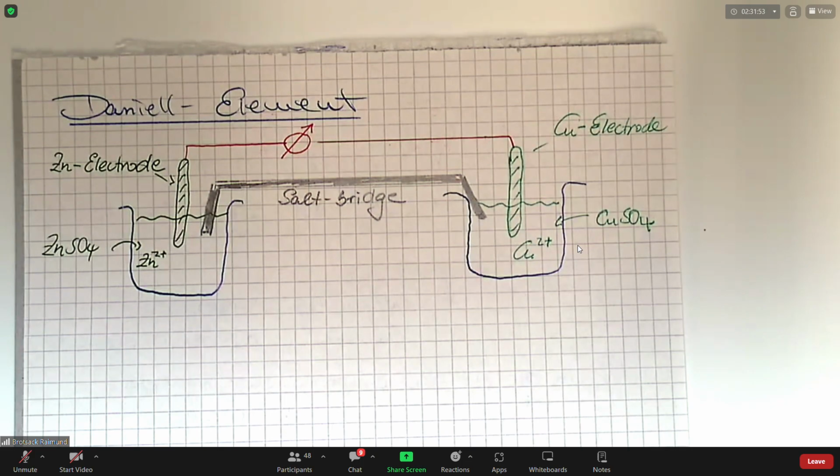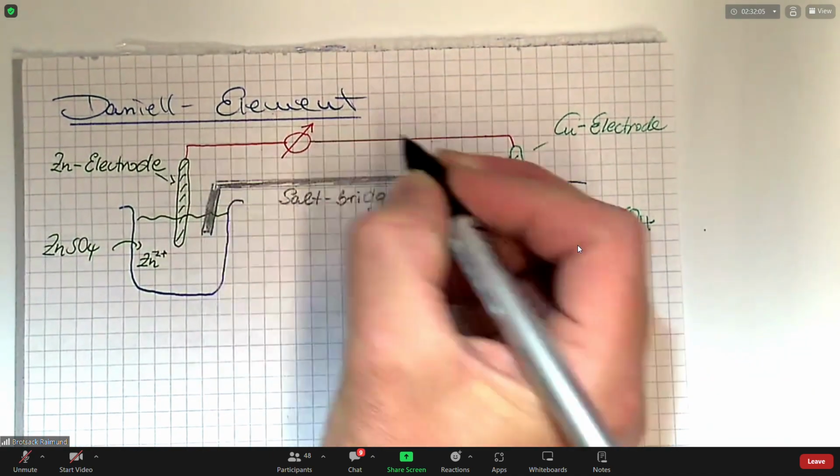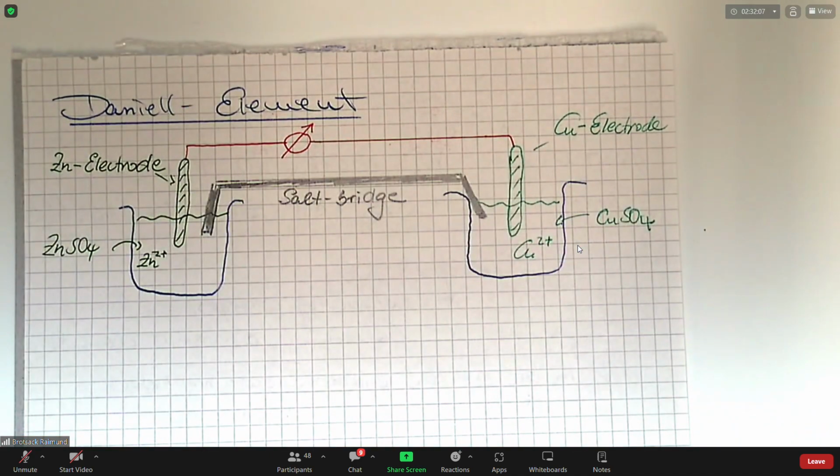Electrons move and they are used to create more elementary copper via reducing copper 2+. And the exchange of charges via the salt bridge is the movement of the sulfate.